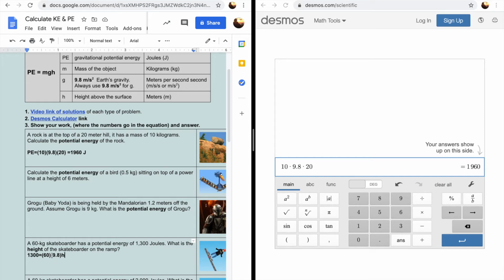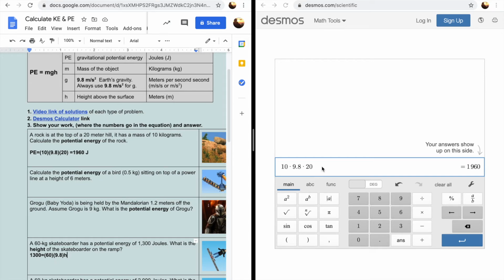We're going to get those two numbers multiplied first. 60 times 9.8. Getting ahead of myself here. 588. So we're going to have 1,300 equals 588 times h.